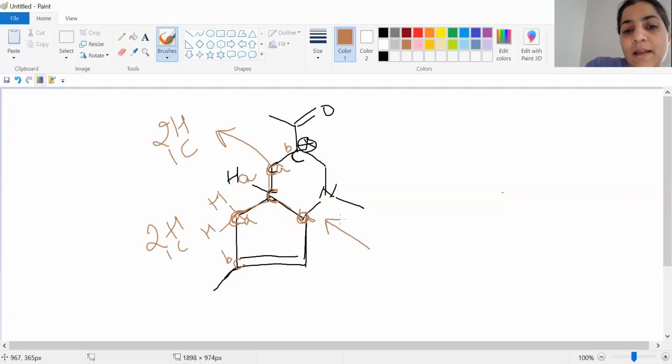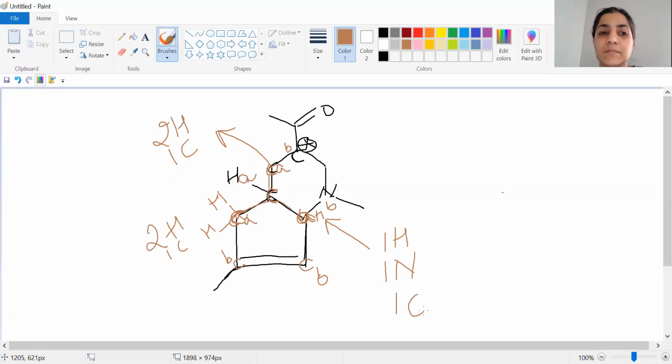This carbon has 1 hydrogen, 1 nitrogen, and 1 carbon. So these 2 groups are definitely different. And among all of these, we can label this as 4 and this as 1. So if you observe, this carbon is branched. Branching will definitely increase priority.